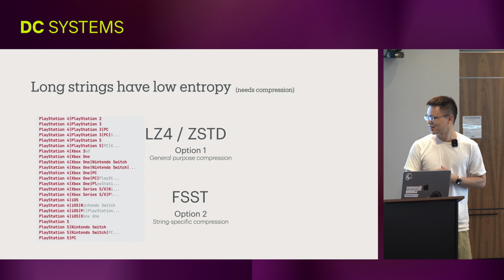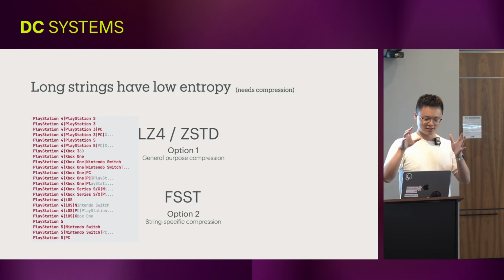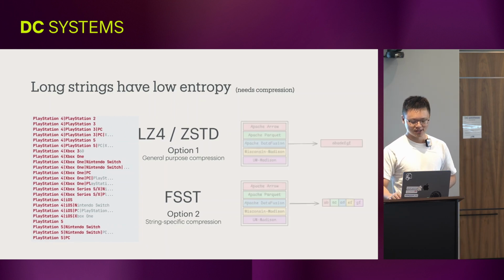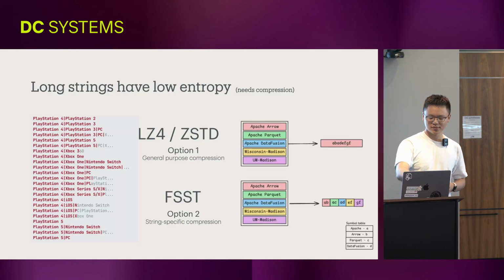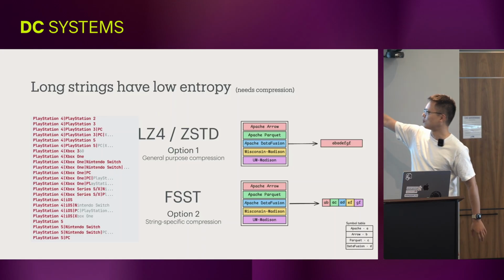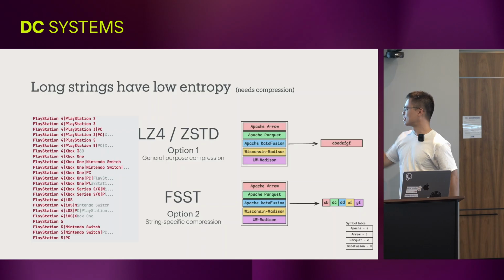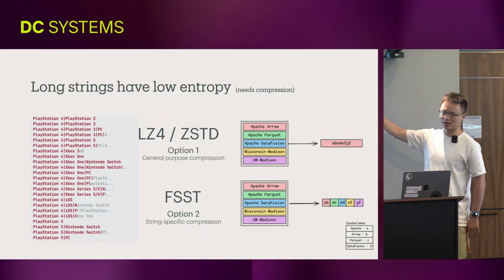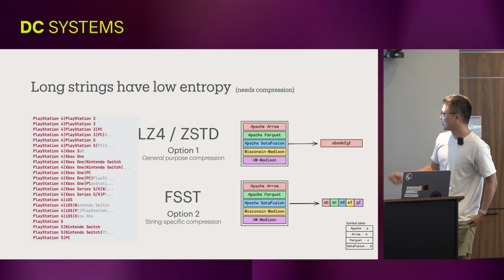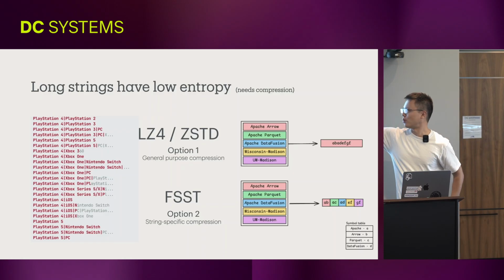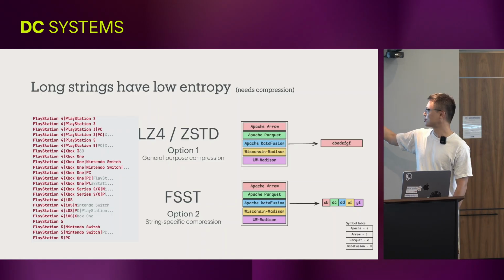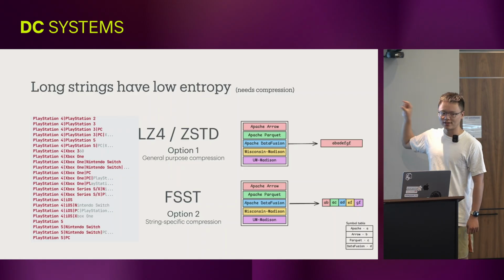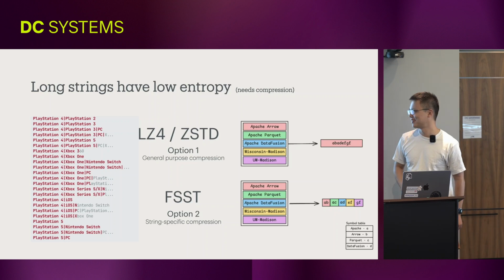So here's a visualization of how it works. Basically, it's very similar. We have some strings, and if we use general purpose compression, we build a symbol table over the strings so that we replace some of the symbols in a new output array. And if we want to decompress, for example, only the third element in the array, the only way we can do this is to decompress the entire array and then get the third element.